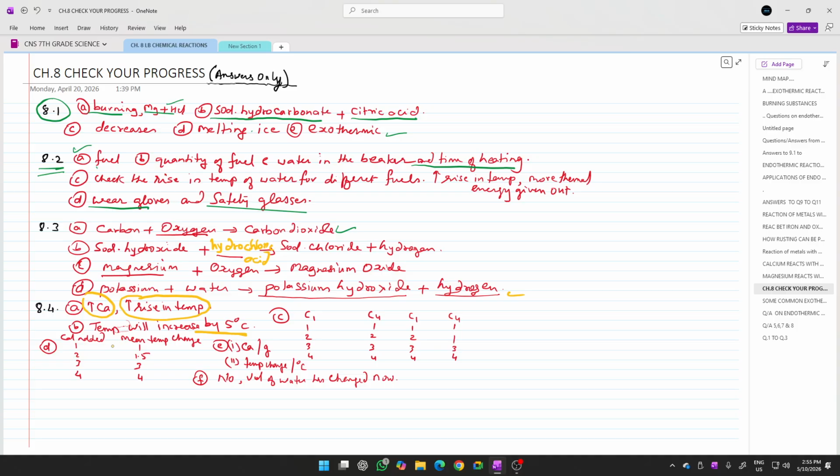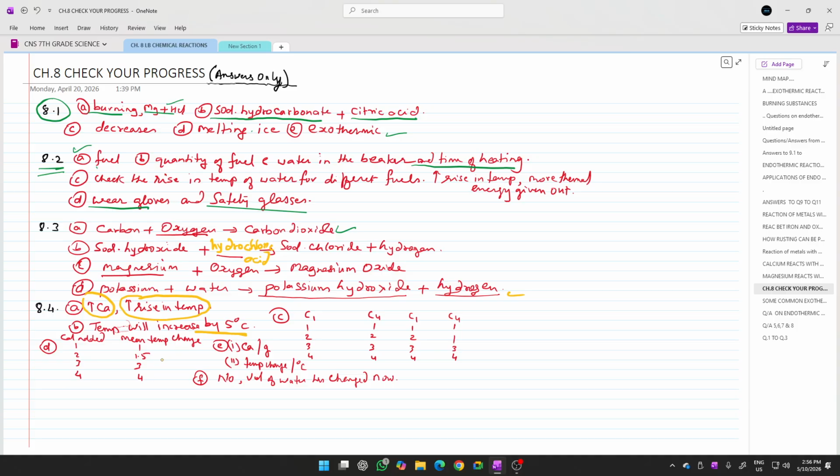See, read the question first. Construct a summary table to show the mean temperature change for each mass of calcium used. So mean of what? The mean of the two people performing the experiment. So you have to see the mean of the rising temperature for both Zara and Arun. If you see the last column of the tables, rising temperature, you have to take the mean of that. So the mean will be 1 for Zara for 1 gram.